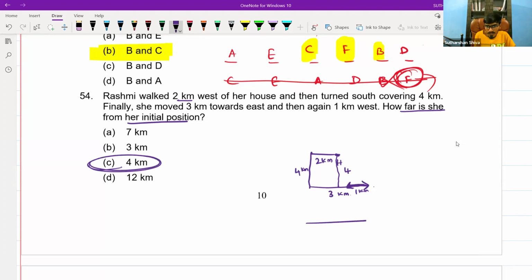Totally, how much did she move? Let's say she moved 3 kilometers. Out of 3 kilometers, she already reached this point, out of which 1 kilometer is already gone. Here you are left with 2 kilometers. What is the portion you need to reach? 4 kilometers. Okay, option C.